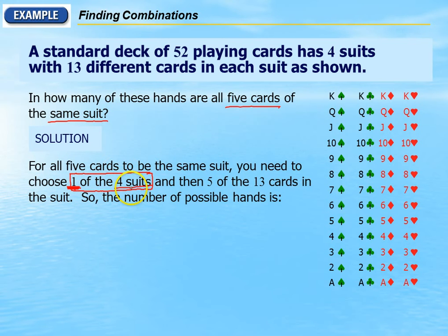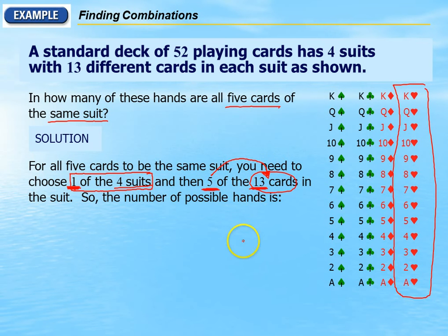Then the second part is I need 5 cards, but it's not going to be 5 out of 52, because if I want them to be in the same suit, there's how many cards in 1 suit? There's 13. So I need 5 cards, but not 5 random cards from the whole deck, 5 cards from 1 suit. So I need 5 out of 13 cards inside of that suit. So this one has 2 parts.